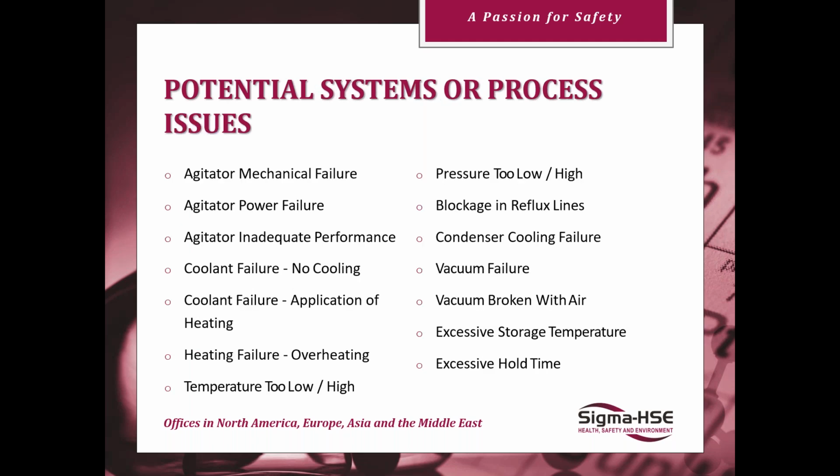So we've got a few here which we've seen examples of. Agitator, either mechanical or power failures, and not enough performance. If you've got a highly viscous system and you haven't got sufficient agitation, you could easily have hot zones and cool zones, and you could have thermal runaway triggered in an area, like in the Seveso example, that will transition through the whole batch.